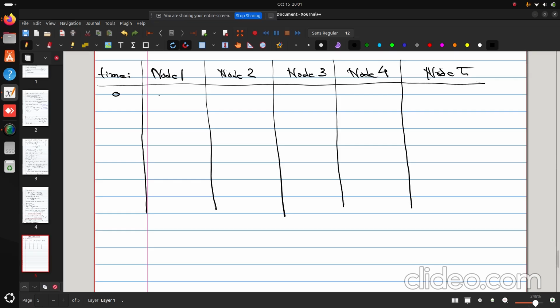At time t equal to 0, everything is 200.